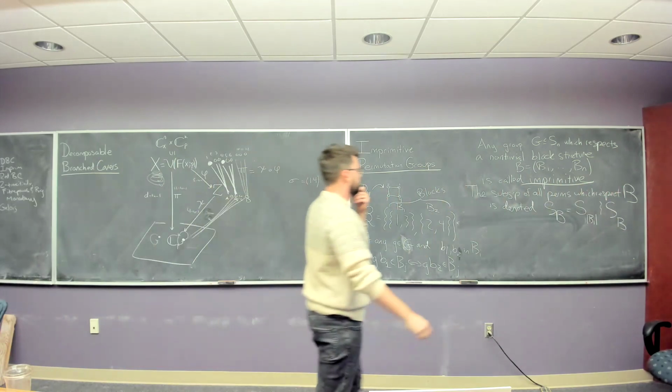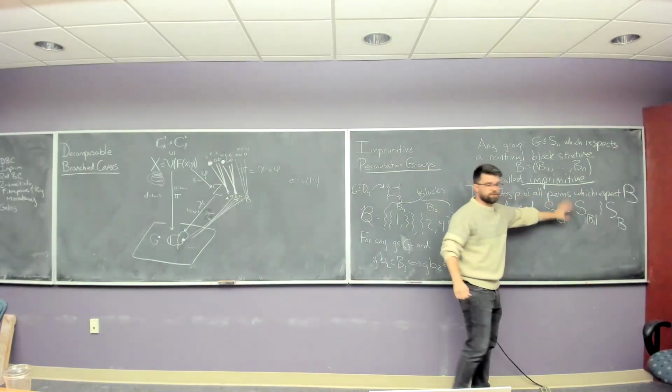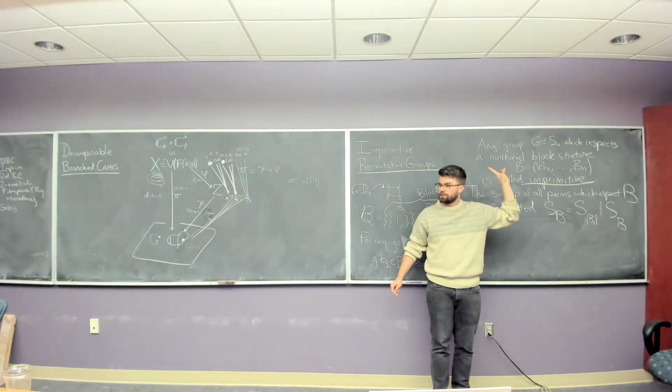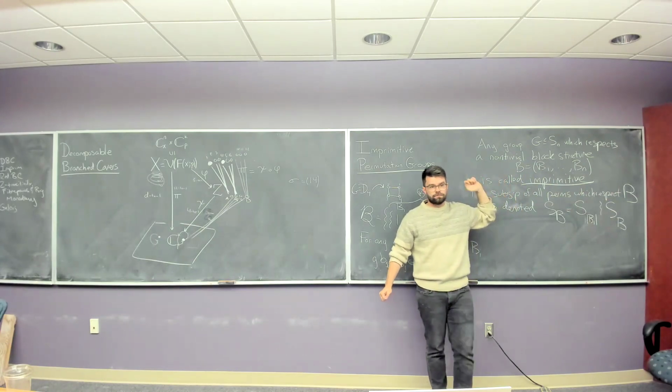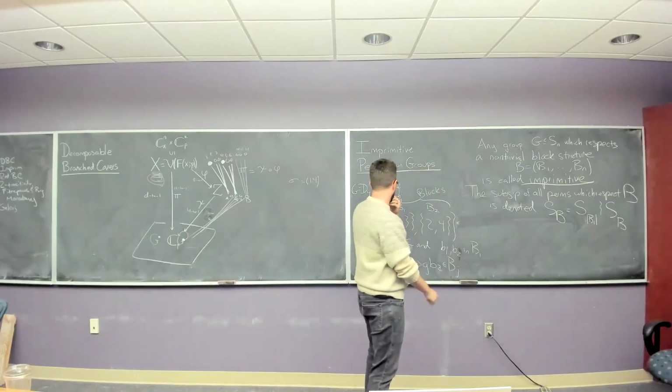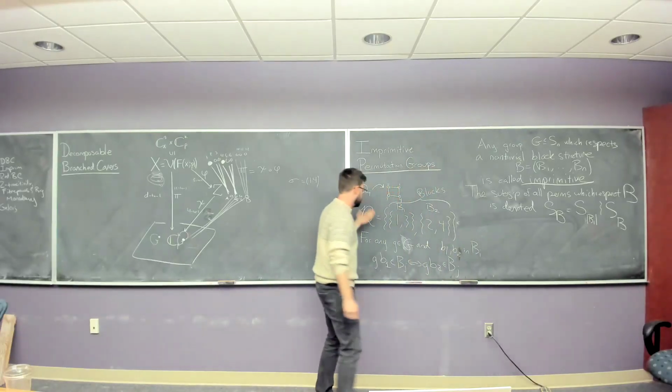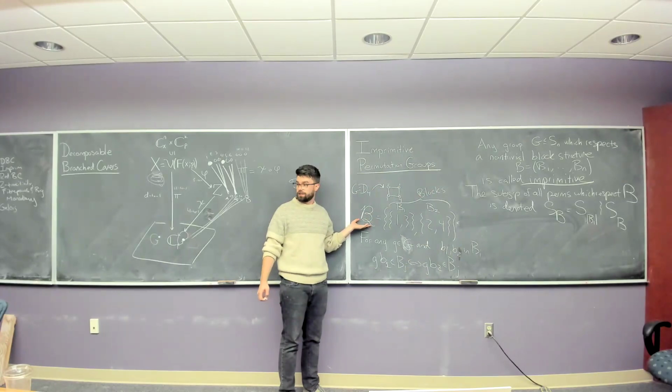If you haven't, that's fine. It's just the subgroup of all permutations which respects some block structure. So here D4 ends up being exactly SB.